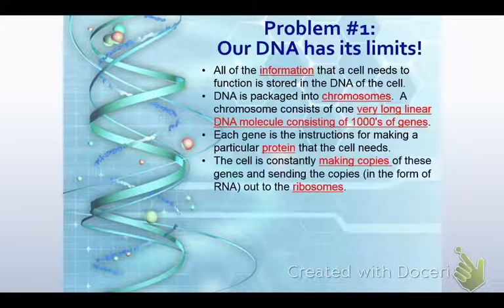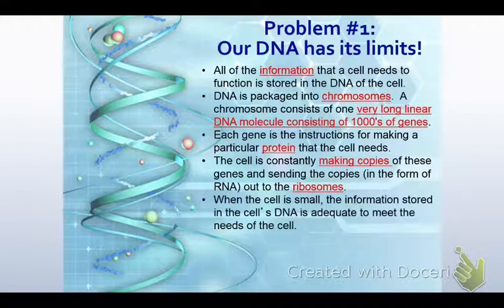The cell is constantly making copies of these genes and sending the copies in the form of RNA out to the ribosomes. We learned about ribosomes in our last mini unit on cell function. That was one of the organelles we learned about.